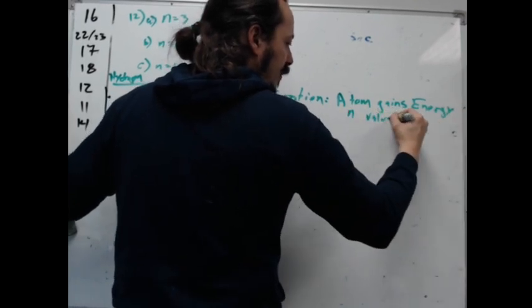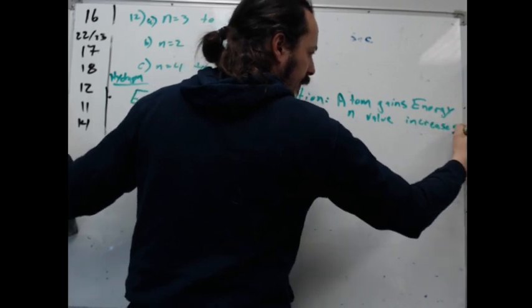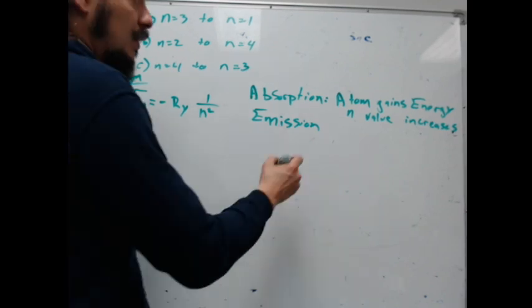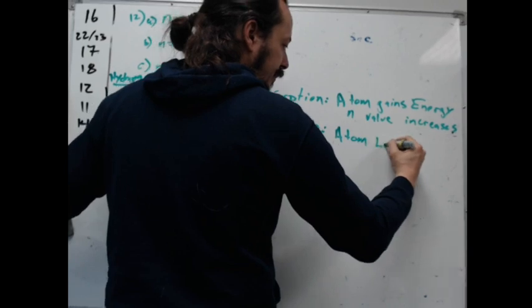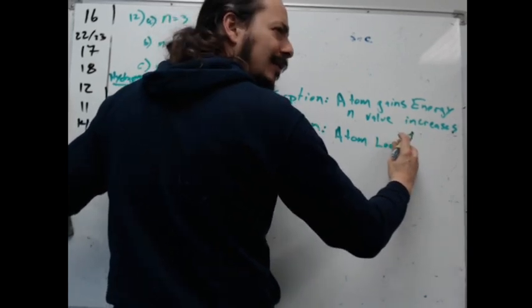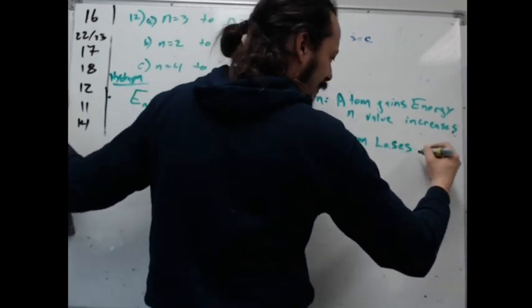N value increases. Forgot how to spell increases for a moment. Emission is the atom loses energy. 2 O's or 2 S's? I think just one of each. One of each, yeah.